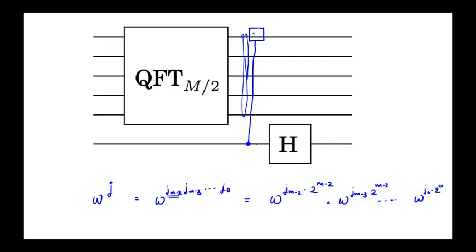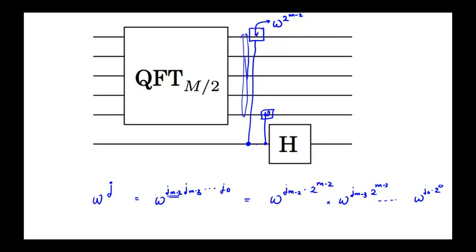It should be omega to the 2 to the m minus 2, and so on, where the last conditional phase is omega to the 2 to the 0, which is just omega to the 1.